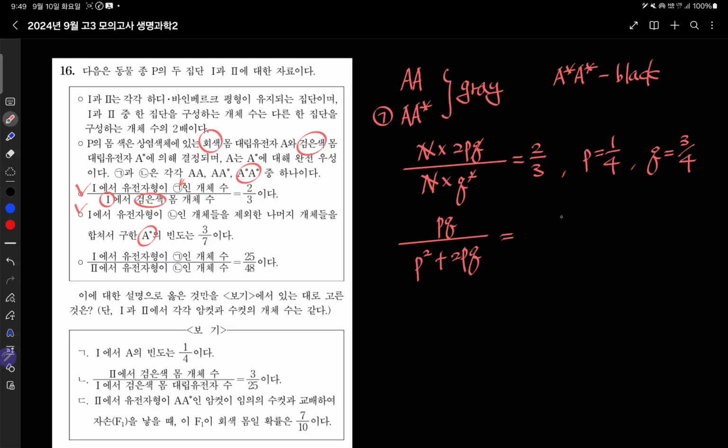So cancel p's from numerator and denominator. And because p plus q is equal to 1, that makes 1 plus q in the denominator. And because q is 3/4, that's equal to 3/7. So that means the second genotype is really the A asterisk homozygote.